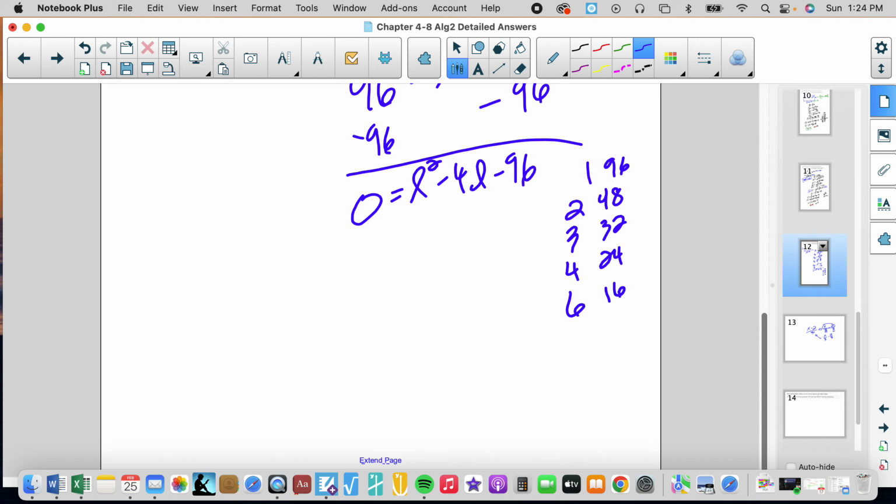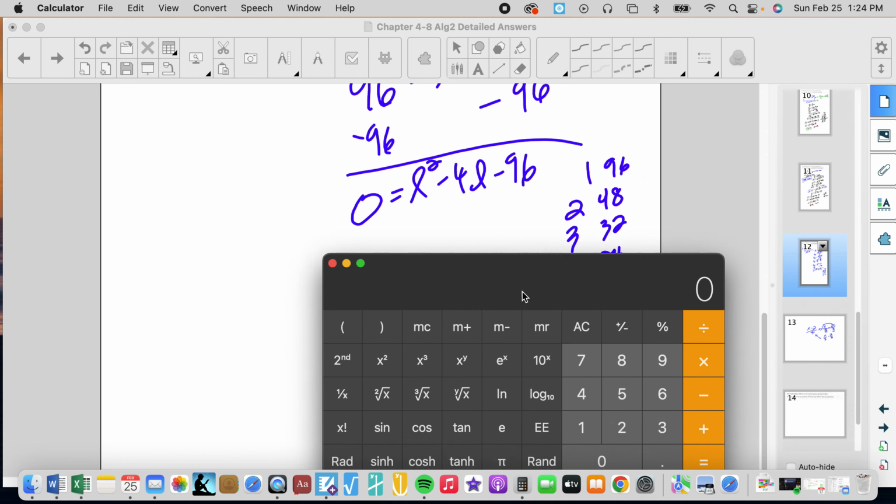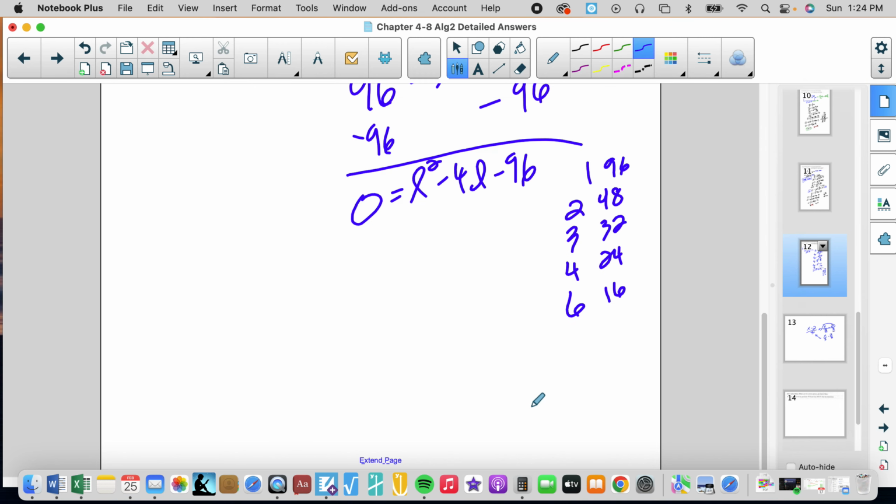I'm doing some bad math right here. Let's do, what's my number? 96. Oh yeah, 96 divided by 6 equals what? 16. Yeah, 6 and 16. Sorry, I was looking at the 2. My bad. 7 no, 8 yes, 8 and 12. And there's my numbers.